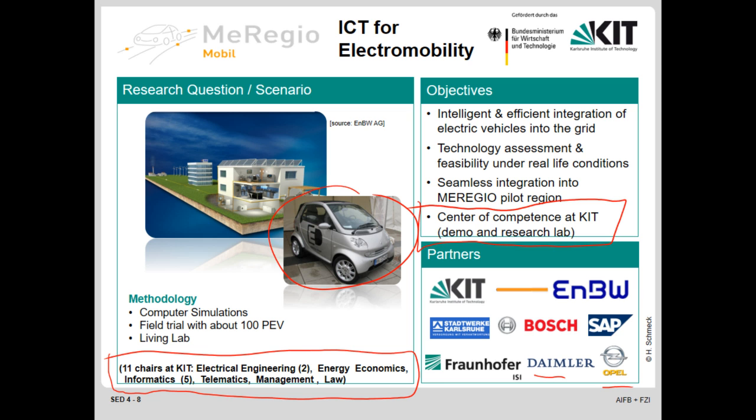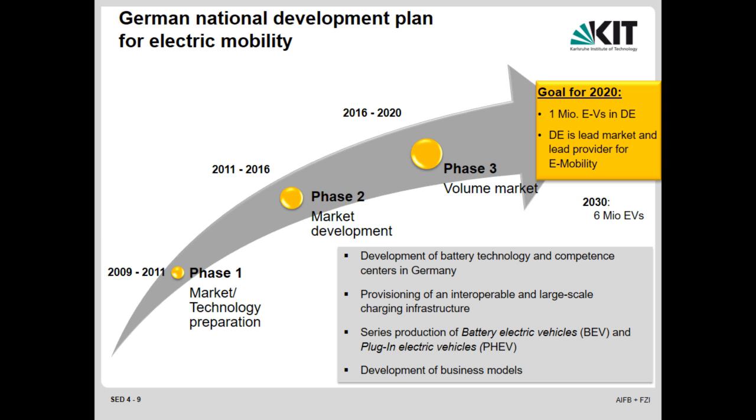So the question is, what about electric mobility at all? You know that we have this national development plan to get 1 million electric vehicles by 2020. We now have the very recent incentive program. Let's see how that develops. We are far behind the initial assumptions.